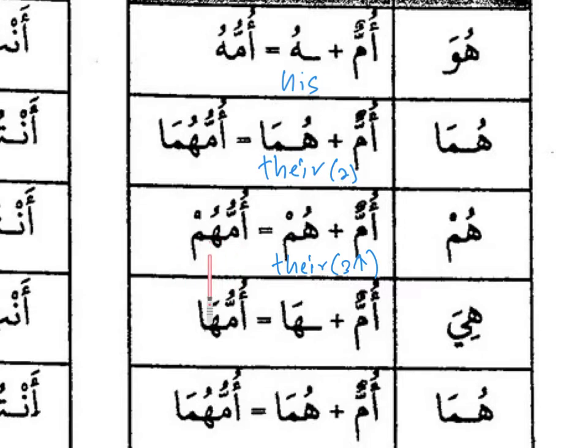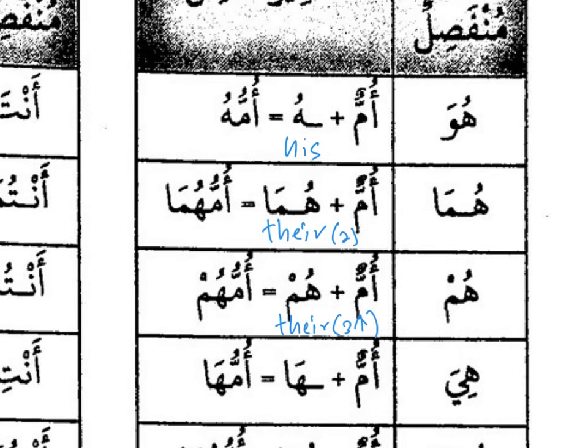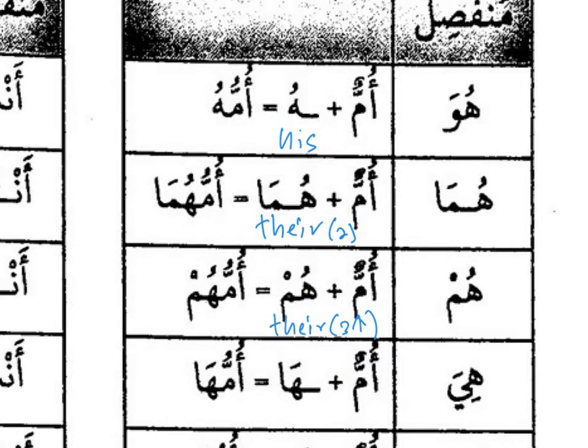Therefore, this is how it looks: ummuhum. So we have huwa, it becomes hu, ummuhu. Huma, it is also huma, but this is now muttasil, so it becomes ummuhuma. You combine them, and hum becomes ummuhum.